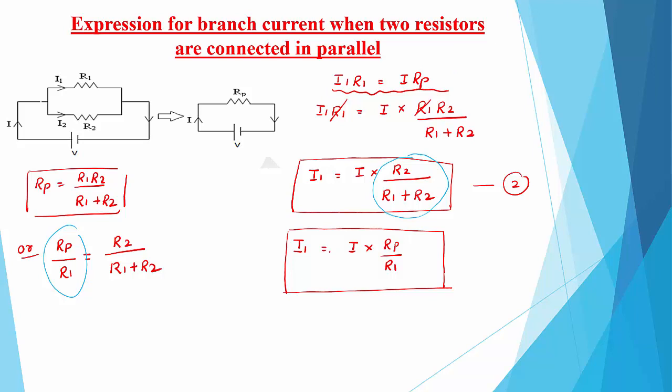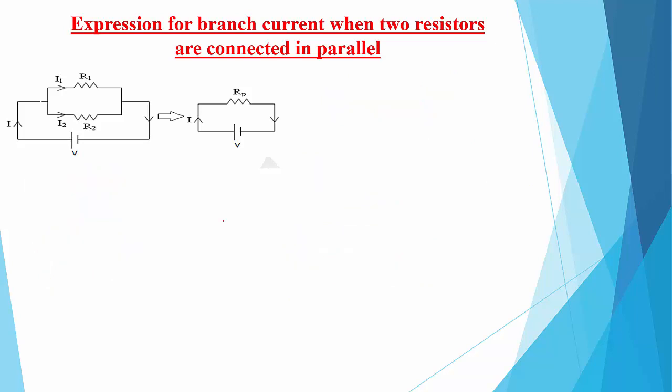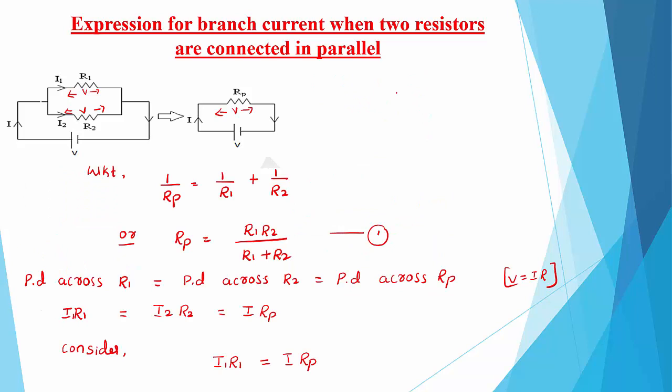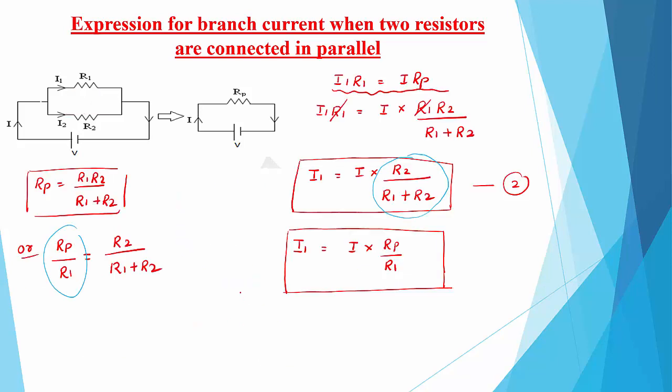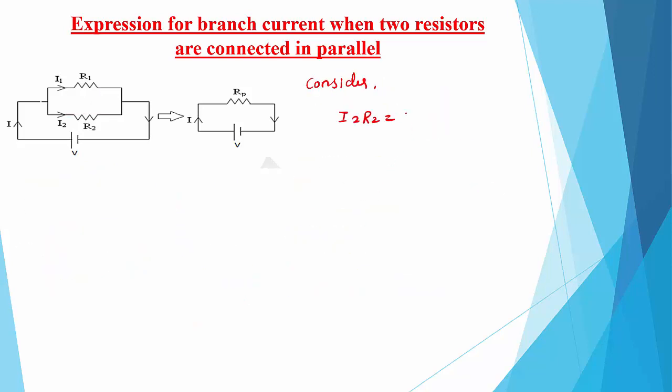Right? Similarly, now we can find the second branch current I2. Here I am going to consider the second condition, I2 R2 is equal to IRp.